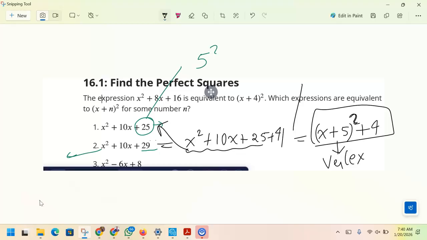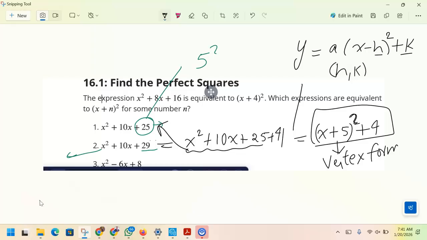Now, what is vertex form? Many of you forgot. It is of the form y is a times x minus h the whole square plus k. Now, what do this h and k mean? This h and k is the vertex. And how do you get it from the equation?